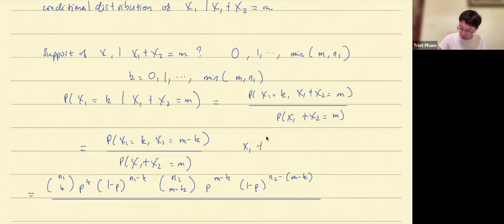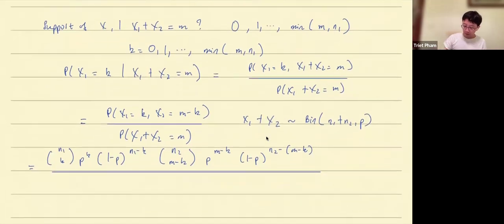Well, the sum will be a binomial with the number of trials being the sum of the individual numbers of trials.